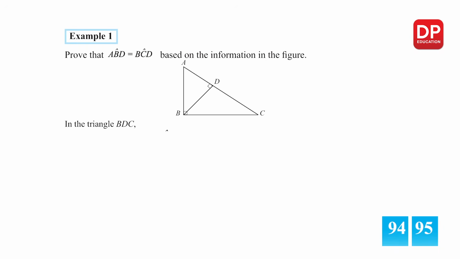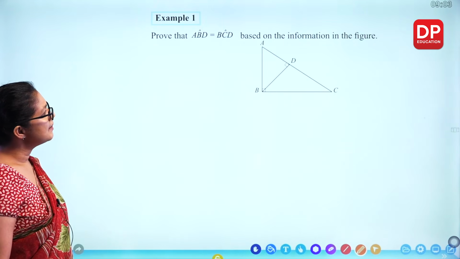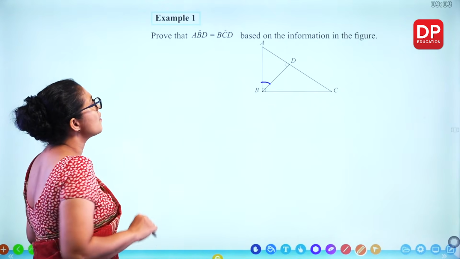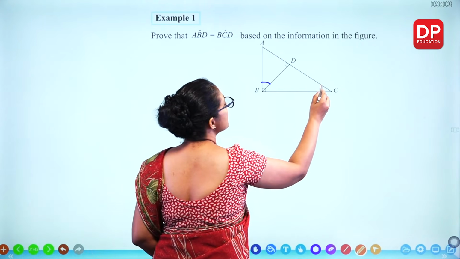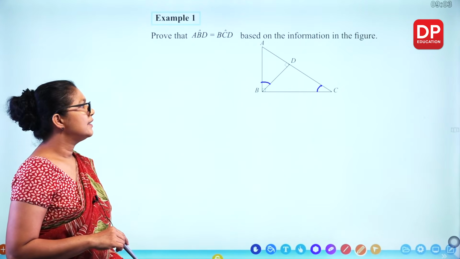Now we'll look at example number 1. It says prove that angle ABD is equal to angle BCD, based on the information in the figure.